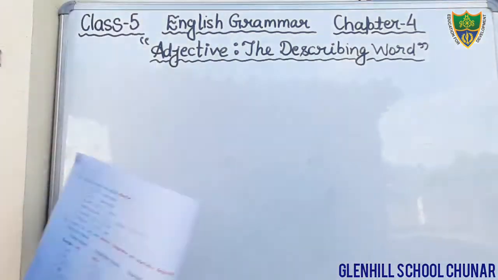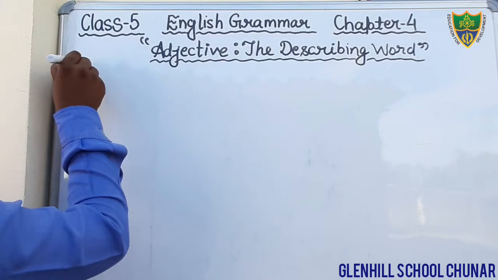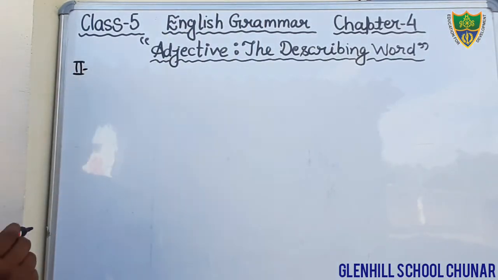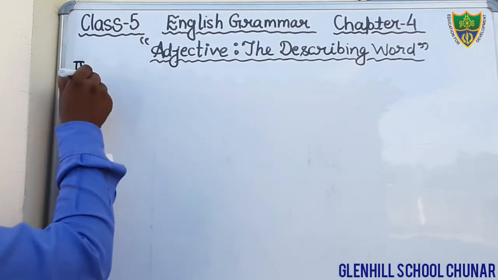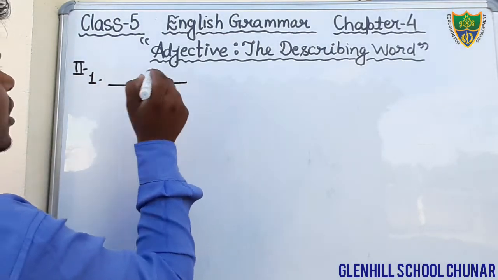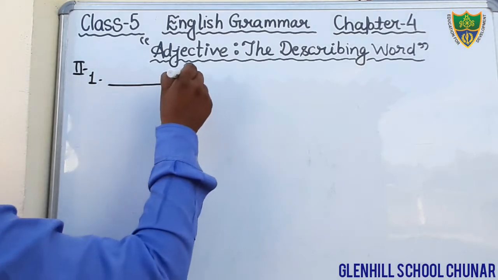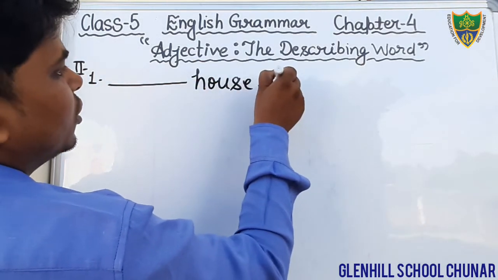Just see exercise number second of your chapter number 4. Here we have to fill the suitable adjective, and just see here, the first blank is given. House is yours.